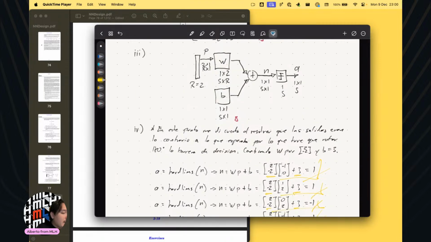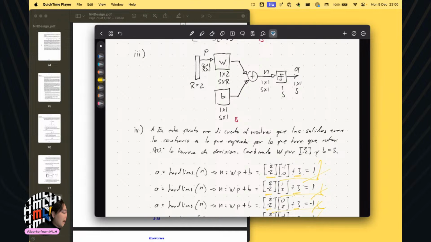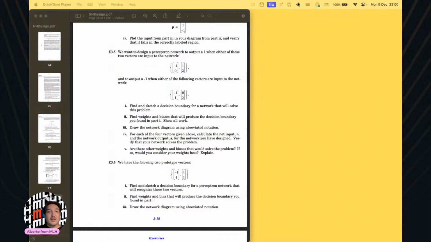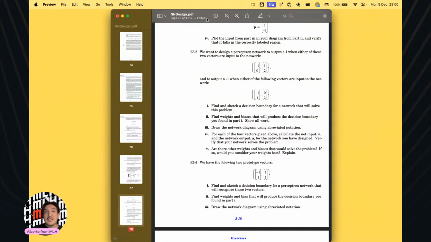So at this point, you already understand what a perceptron is, how it works, how we can design decision boundaries to classify linearly separable problems, and how we use that in order to make classifications.